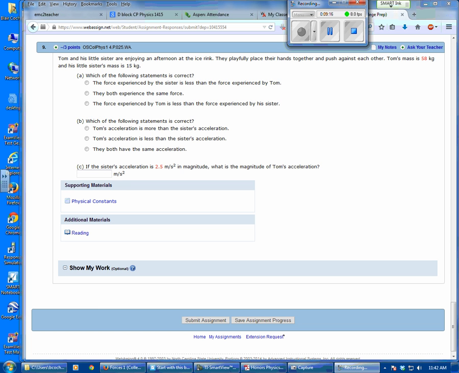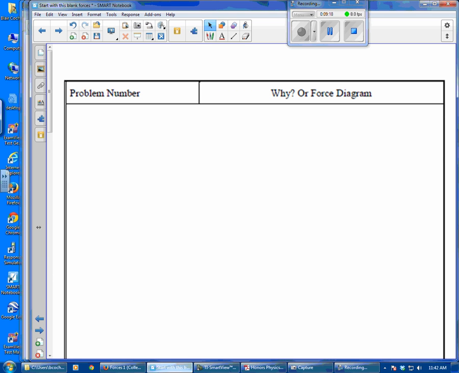For this one, I actually need 2 separate force diagrams. I'm going to do them right next to each other, though. So this is number 9. Here's Tom, and here is Tom's sister.